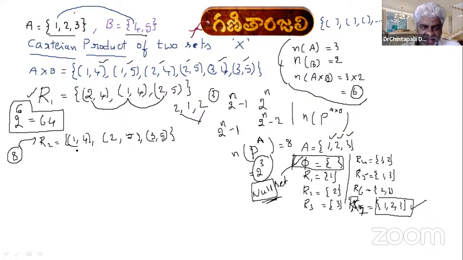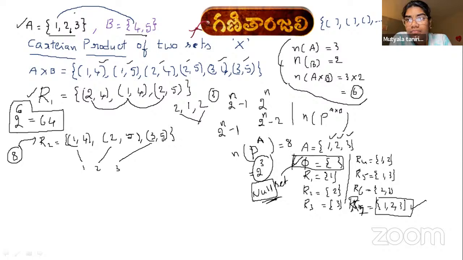In R2, the first elements are 1, 2, 3. All these elements are from A only. And one more thing, all the elements in A are used. Unlike R1, here 3 is also used.